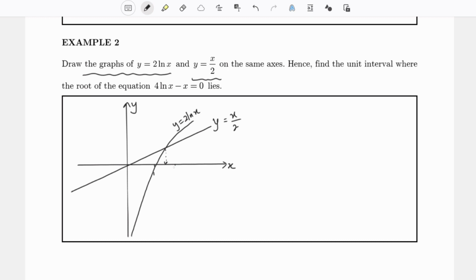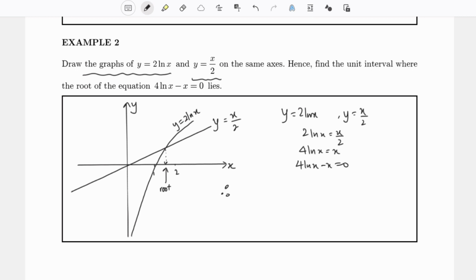The point where the two graphs intersect is where you get the root. So we have y equal to 2 ln x and y equal to x over 2. So 2 ln x equal to x over 2, 4 ln x equal to x, 4 ln x minus x equal to 0.